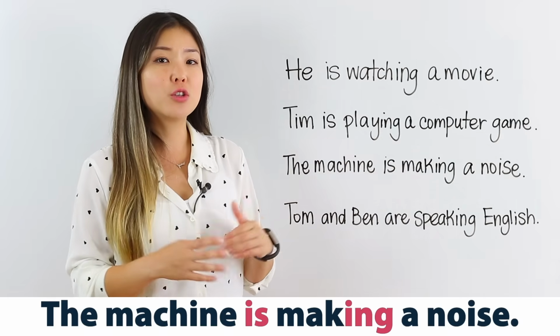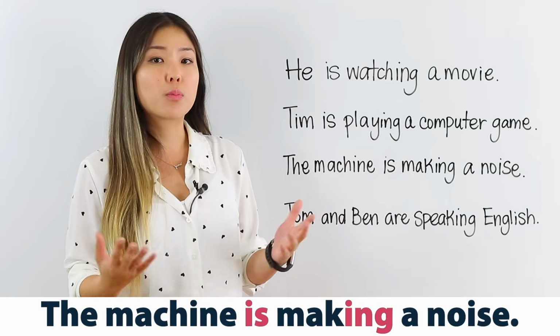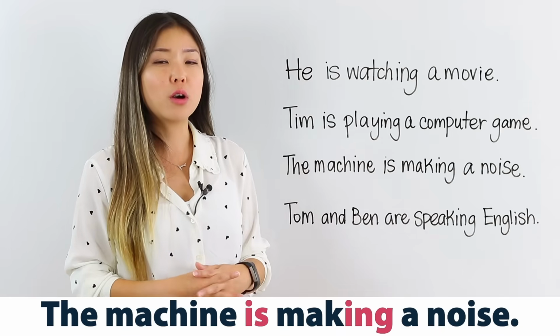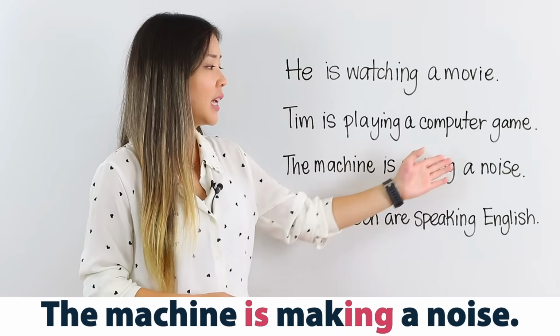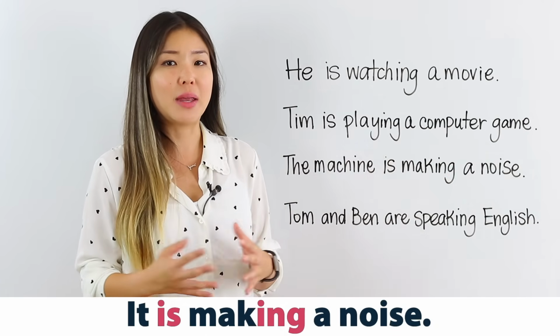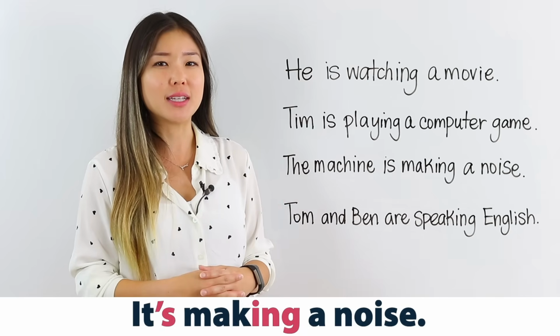Now pay attention to the subject, the machine. What is the proper pronoun? The answer is it. Therefore, we use the be verb is. The machine is making a noise. We can also say it is making a noise or the contraction it's making a noise.